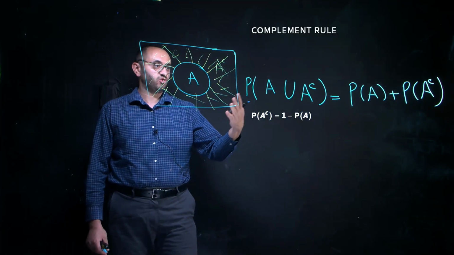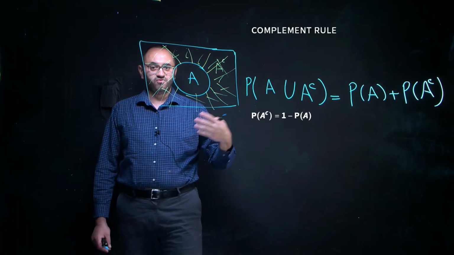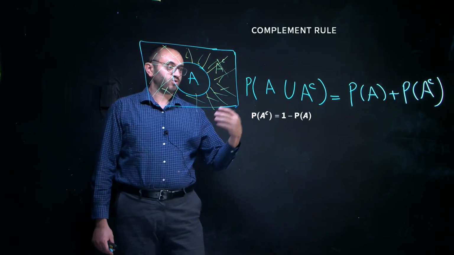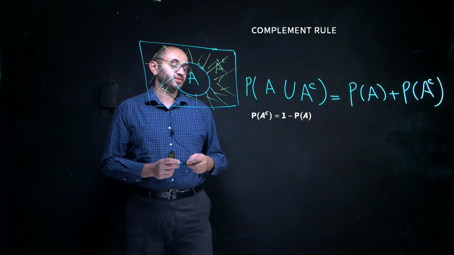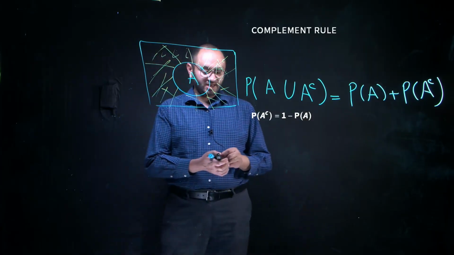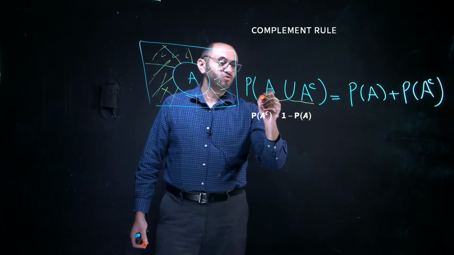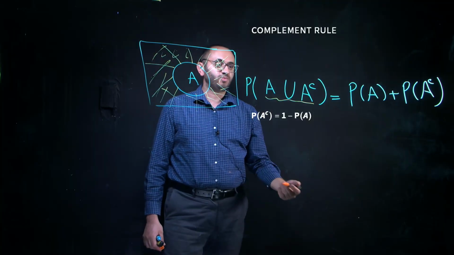Why? Again, because of the previous formula, that if we have disjoint events, then probability of the union equals probability of the first event plus probability of the second event. Now, what is A union A complement? A union A complement, as you see, is the entire sample space.